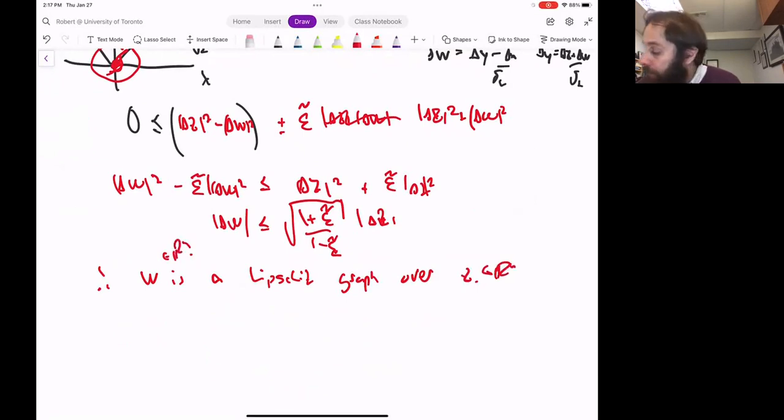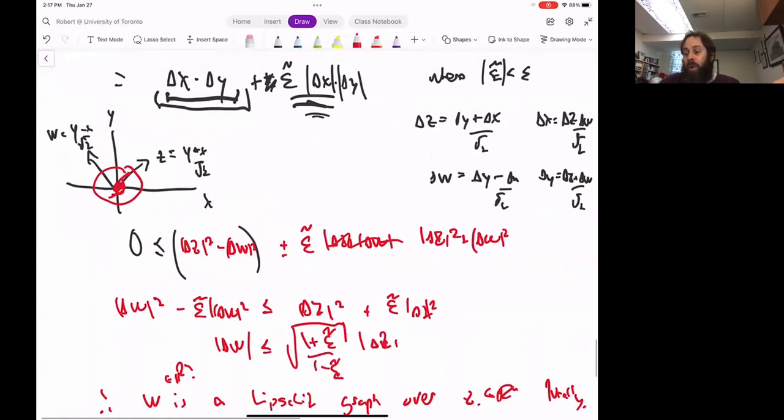And so that's why I'm an n-dimensional subset of a 2n-dimensional product space. This argument doesn't tell me anything about whether Y is a graph over X or not, but it does tell me that when I do this funny mixing of dependent and independent variables, W is a graph over Z and Lipschitz, so differentiable almost everywhere by Rademacher's theorem. Okay, great.